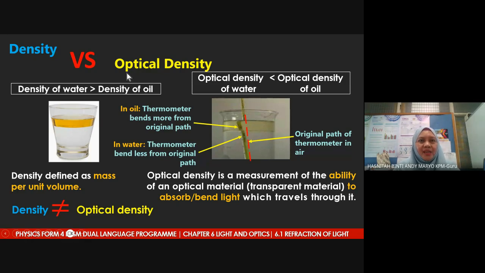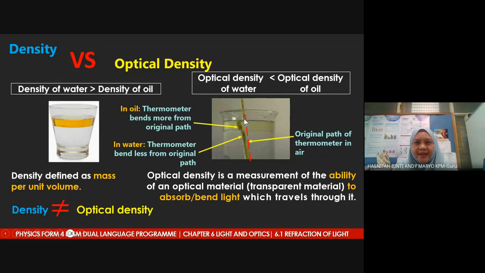But when talking about optical density, oil has a higher optical density compared to water. If you look at this diagram, when we put a thermometer into this beaker containing layers of oil and water, you can see that the thermometer bends more in the oil. It bends less in the water.